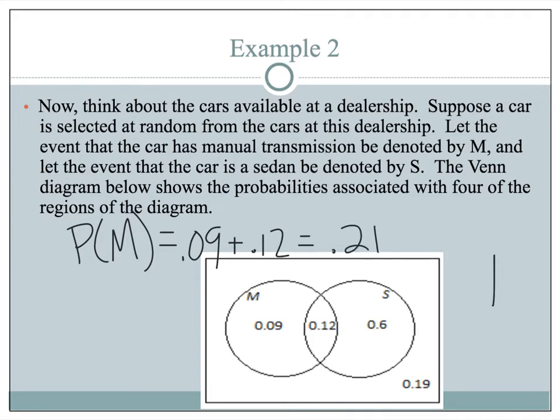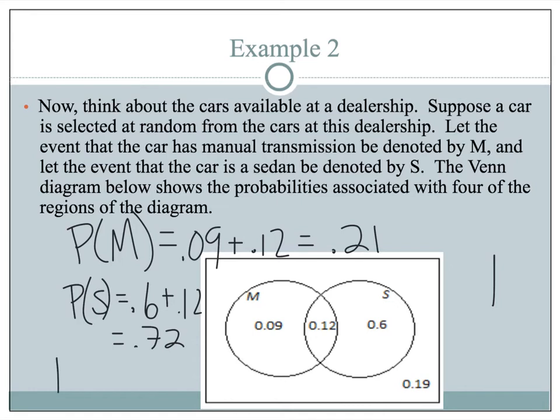That would be my probability of selecting a manual car. It might be a sedan, it might not be. We don't know. Well, what's my probability of selecting a sedan? Same kind of thought process. I would take my 0.6 and my 0.12 and get 0.72. That would be my probability of a sedan.